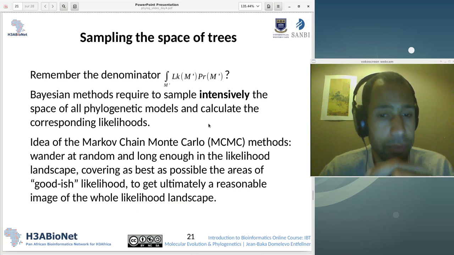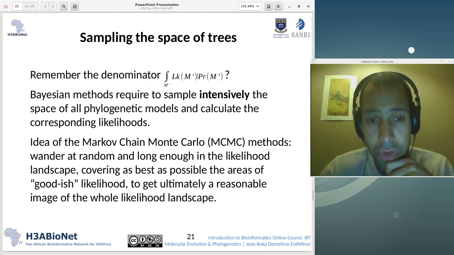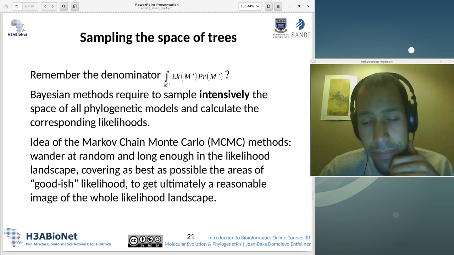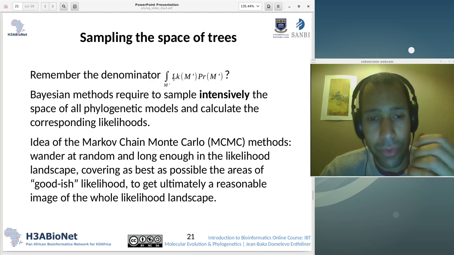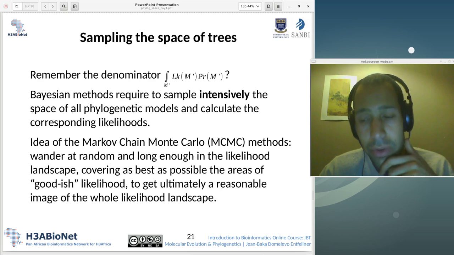So we have to sample intensively the space of all phylogenetic models and calculate the corresponding likelihoods, and make sure that we leave out only the likelihoods that are very small.